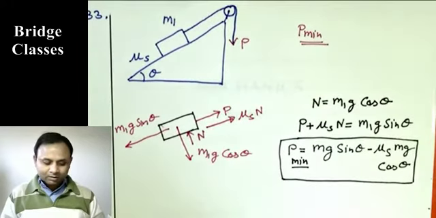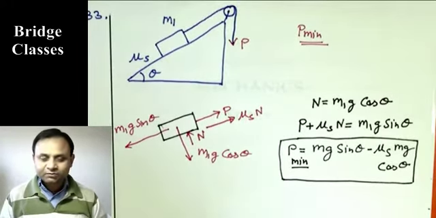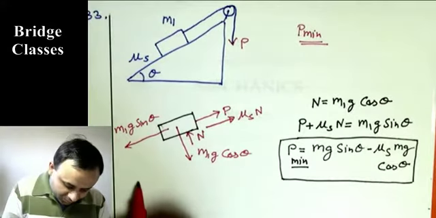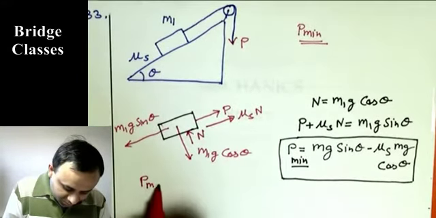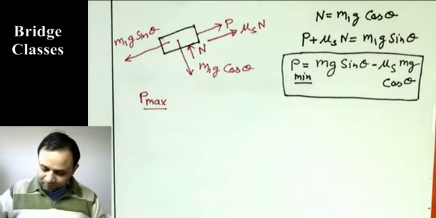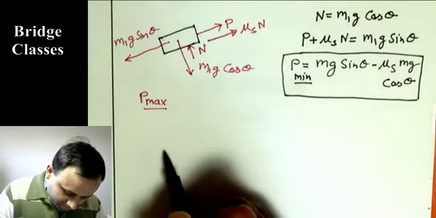Okay. Now let us say it says the maximum force that can be applied so that the body is still stationary. The problem is that, instead of P min, we have to find P max. Okay, now the free body diagram.